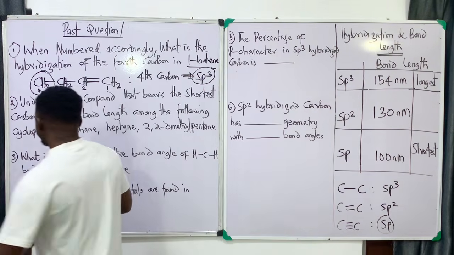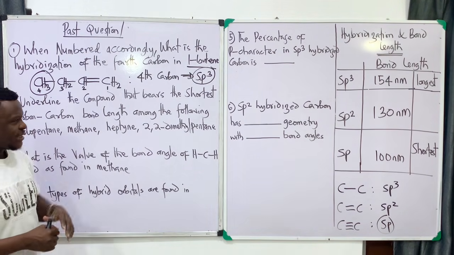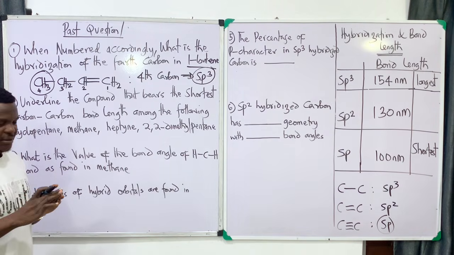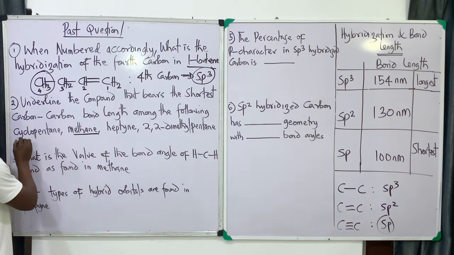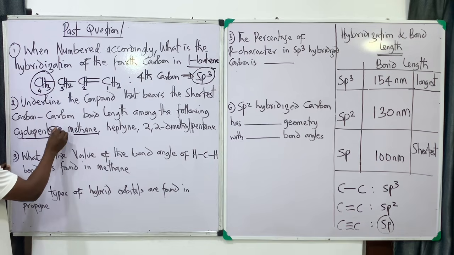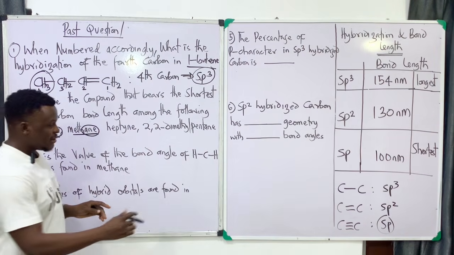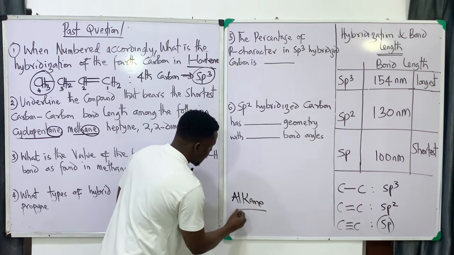Now look at this. If you recall, when I gave us the table initially, I said sp3 can be found in alkanes or cycloalkanes. This is an alkane, this is a cycloalkane.